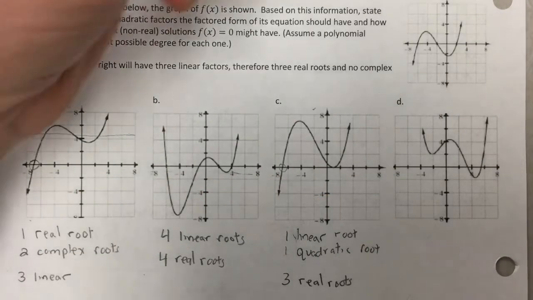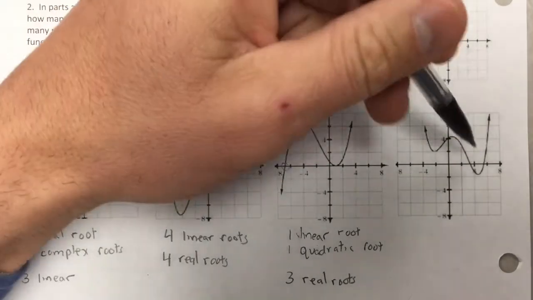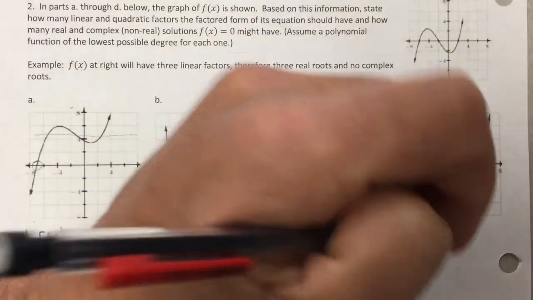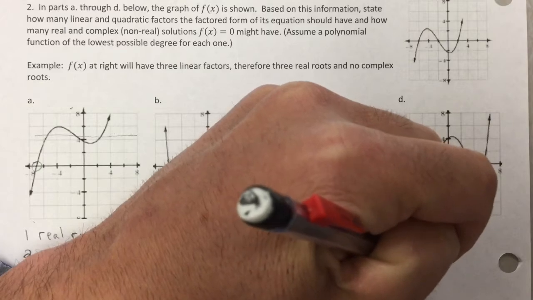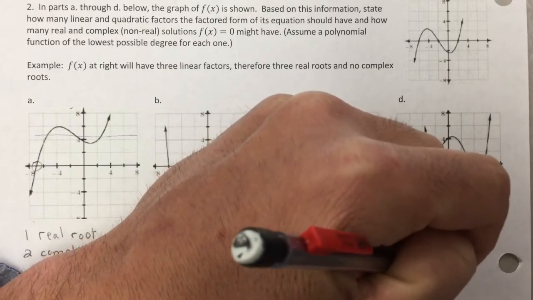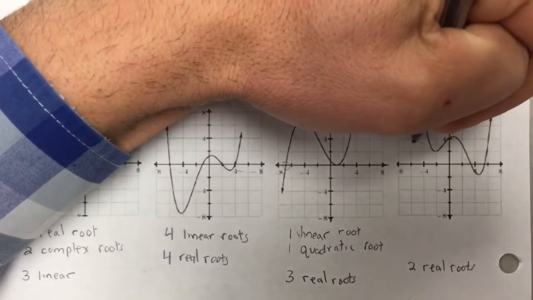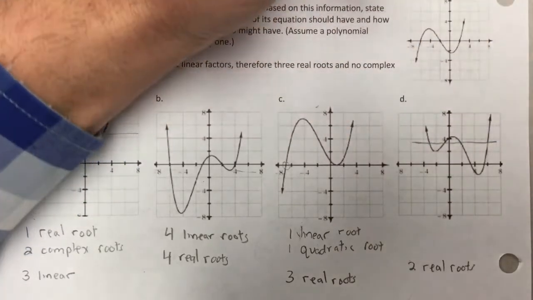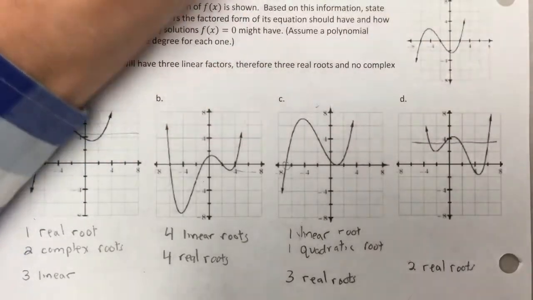And then last, I have 2 real roots right here. And if I drew my axis right there, notice it's crossing 4 times.